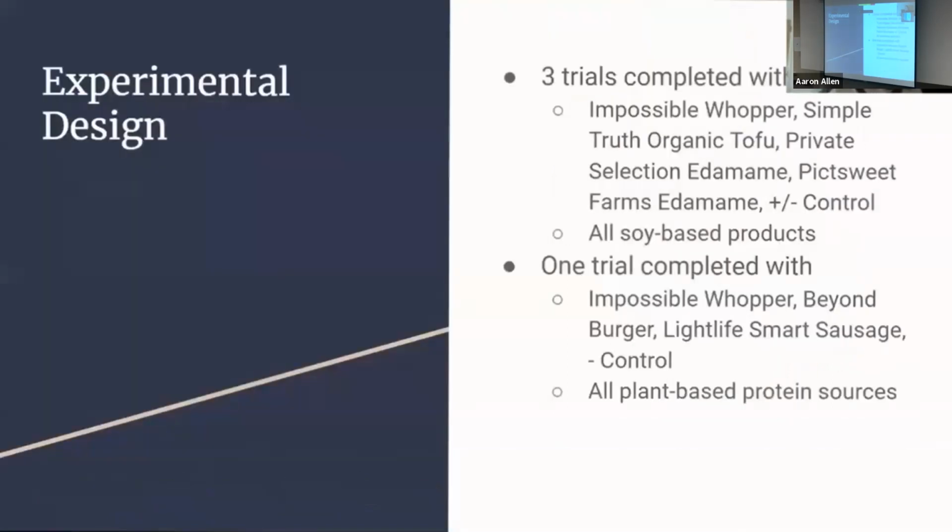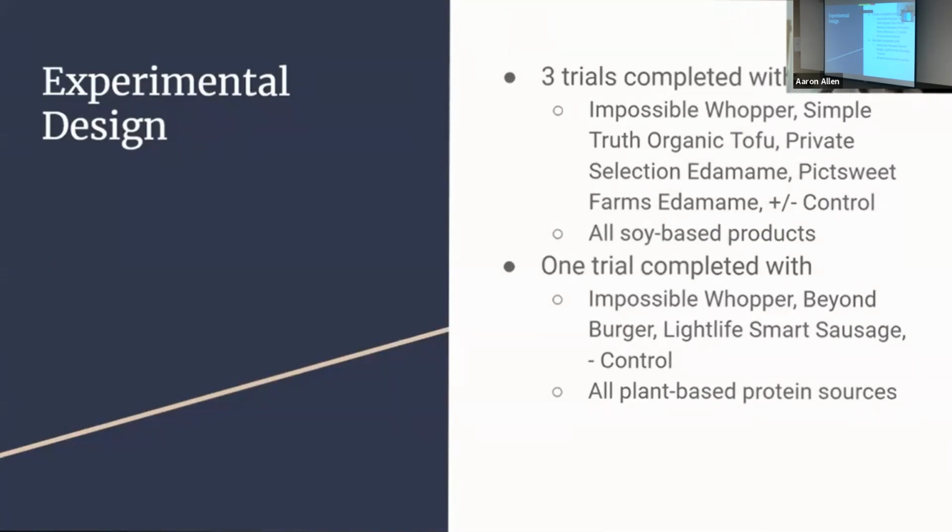My experimental design: 3 trials were completed with the Impossible Whopper, Simple Truth Organic tofu, Private Selection edamame, Pictsweet Farms edamame, and a positive and negative control. All of these, with the exception of the positive and negative controls, which were an oat and a corn product, were soy-based, so they all stood risk of being genetically modified in some form or fashion.